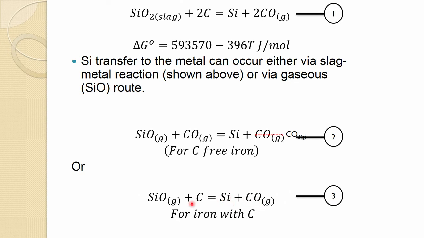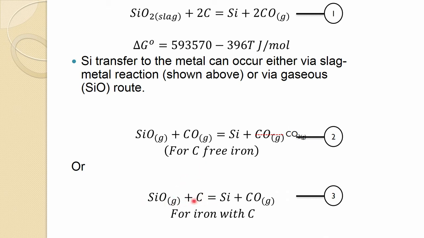So, mostly this is the reaction which is responsible for the silicon transfer in hot metal, because SiO gas is generated in the dropping zone, and liquid iron is usually quite saturated with carbon.